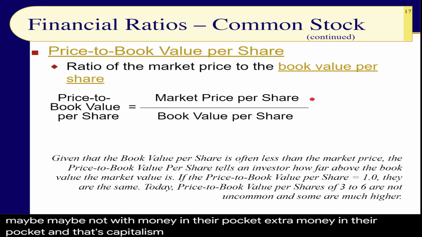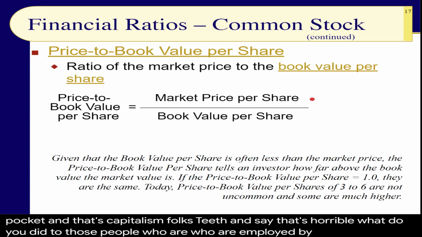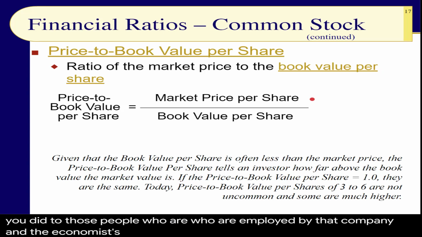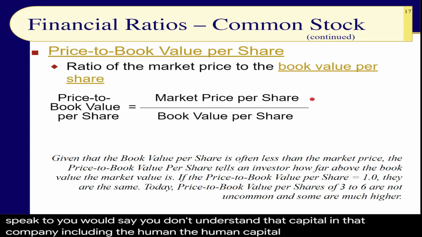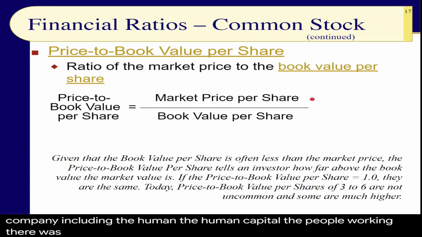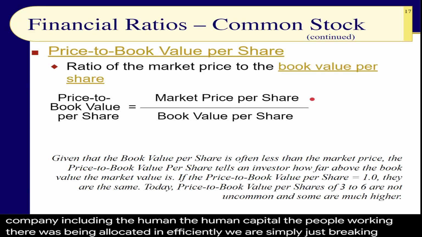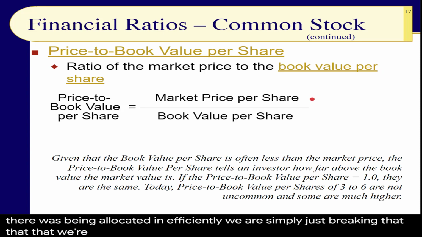And that's capitalism, folks. We might weep and gnash our teeth and say, that's horrible. What did you do to those people who are employed by that company? And the economists and the corporate raiders, if they deigned to speak to you, would say, you don't understand. That capital in that company, including the human capital, the people working there, was being allocated inefficiently. We are simply breaking loose that capital, like a farmer plowing over the field.